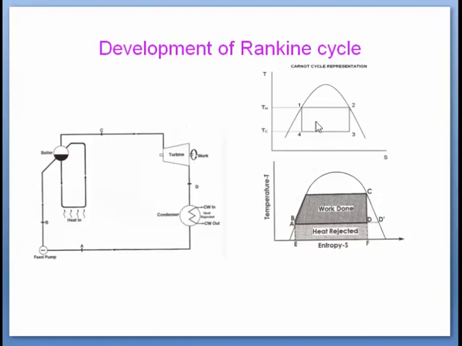So when we compare the Carnot cycle with the Rankine cycle, we can see that by adopting these methods, condensing the steam up to the saturated liquid zone, we are getting extra work. So in this way we can say that a power plant working on the Rankine cycle will develop more work in comparison with the Carnot cycle.